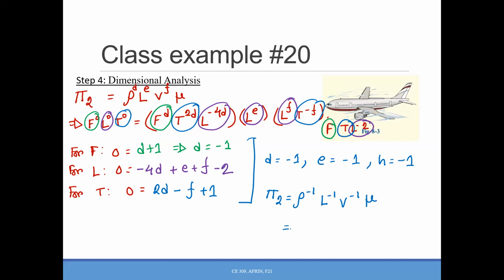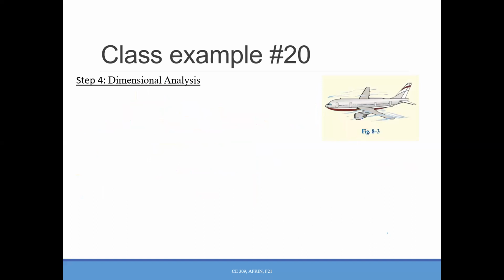So that simply gives you viscosity over rho L V. And if you look at that dimensionless number, that is actually the Reynolds number. Okay, so finally we can say that the drag force is a function of that pi 1 and pi 2, and these are just the pi 1 and pi 2 expressions. So F D over rho L squared V squared, the very first one, and this one is the Reynolds number.